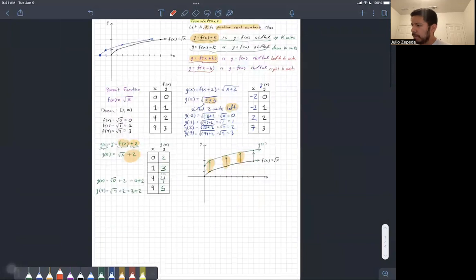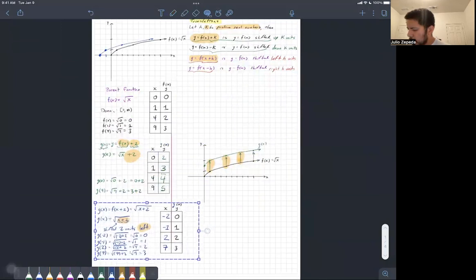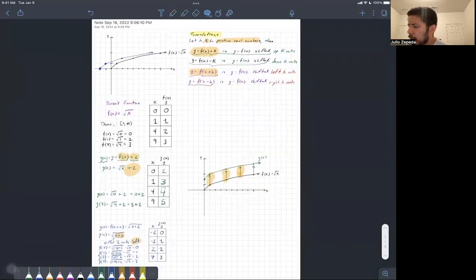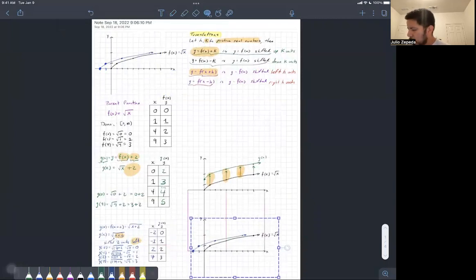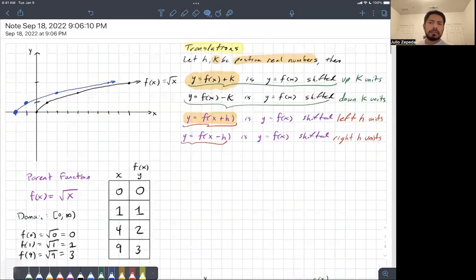All right, very good. All right. Okay, so we have our horizontal and vertical translations taken care of.